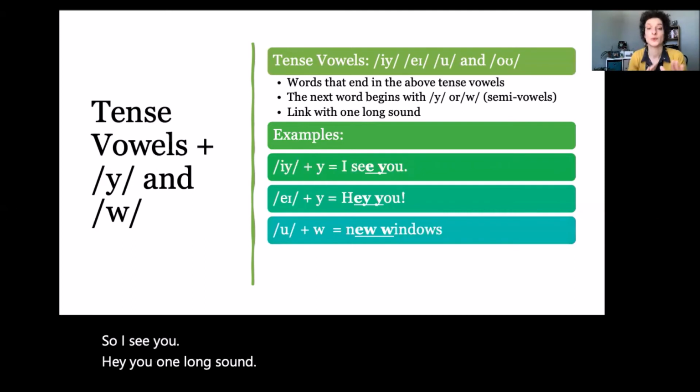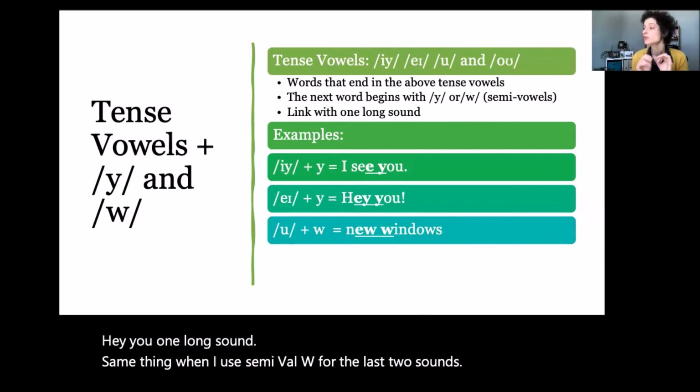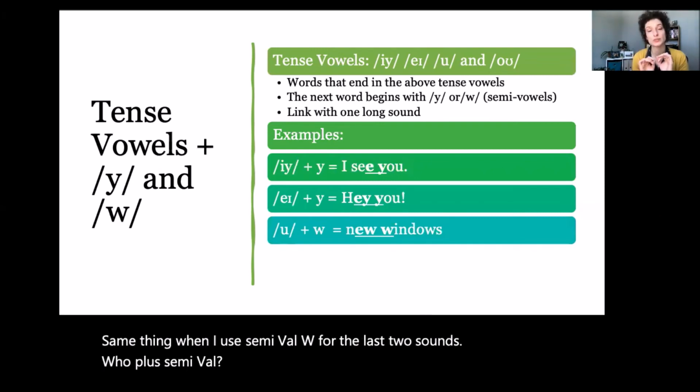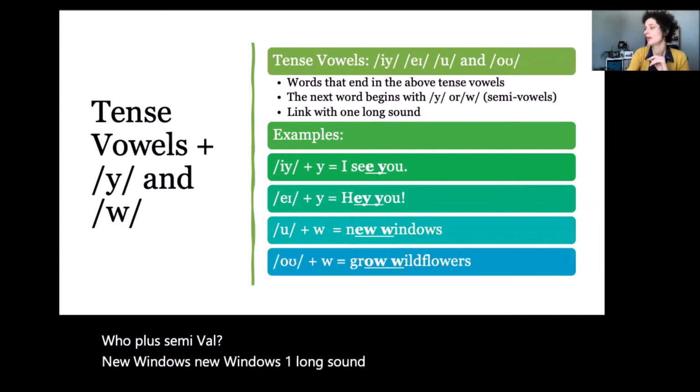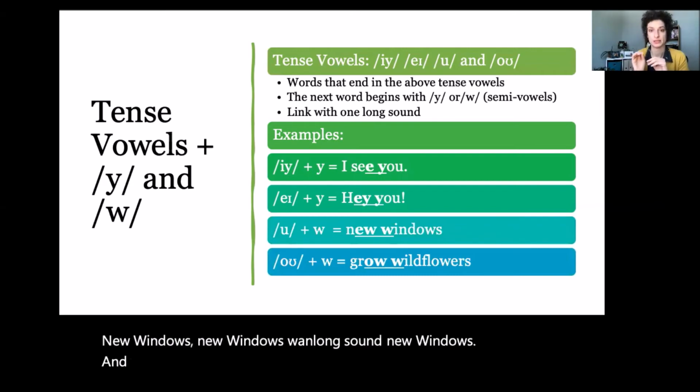Same thing when I use semi-vowel W for the last two sounds. Oo plus semi-vowel, new windows, one long sound, new windows. And finally with my O plus W, grow wildflowers.